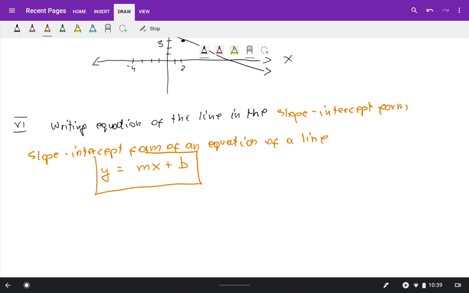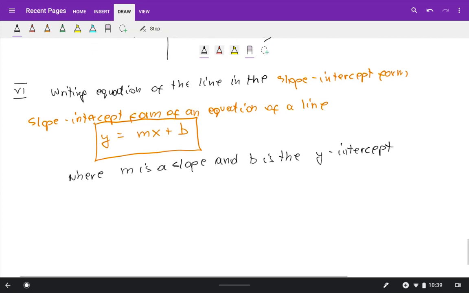That's slope intercept form, where m is the slope, so the coefficient in front of x represents the slope, and b is the y-intercept. And that's it. So m is the slope, b is the y-intercept. So let's practice. Let's do an example.